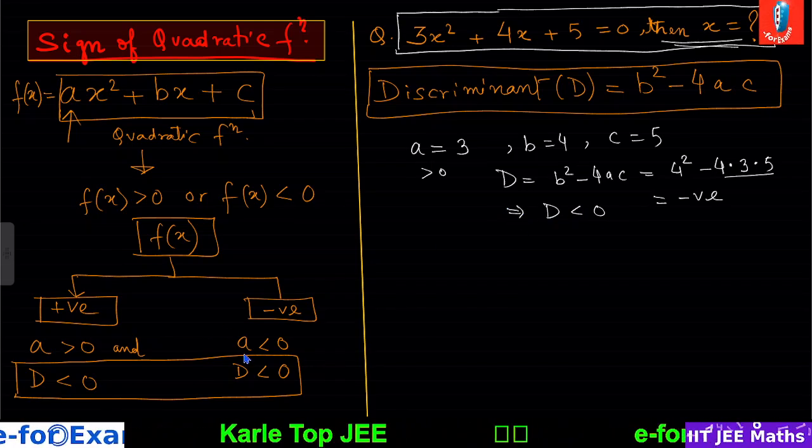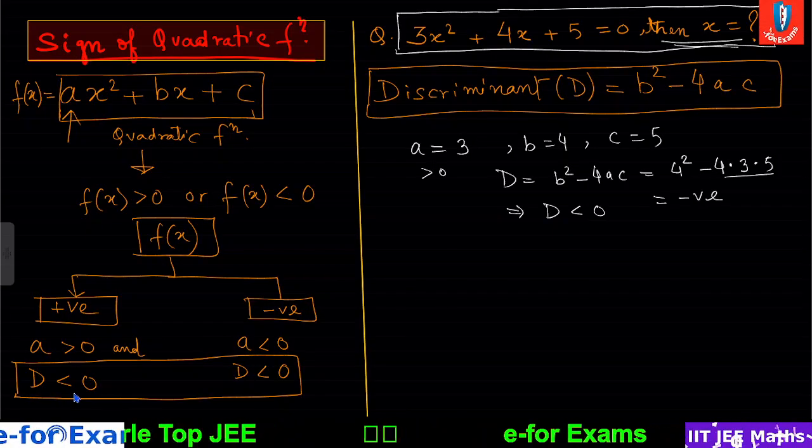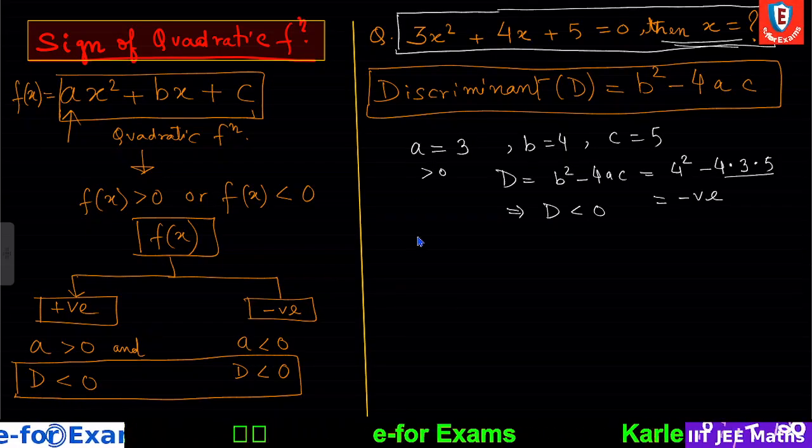What I said here, if a is greater than 0 and d is less than 0, then the quadratic function is positive.